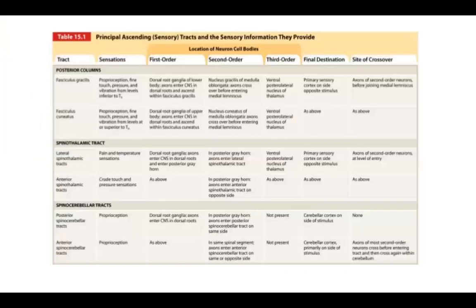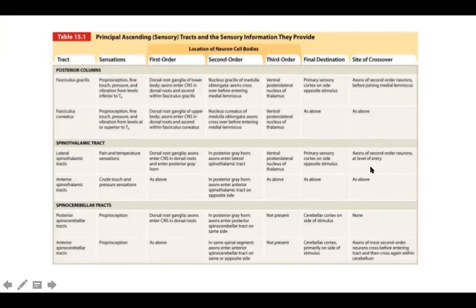Okay, whoa, that's blurry. So I updated one of the slides here because we were missing one of the tracks from the other slideshow that you had. I couldn't get it clearer than this, but there's a chart in your book that's similar to this, table 15.1, that has all the sensory tracks, and it shows you what it senses, the first, second, and third order neurons, where those are, and where they go, the final destination, and when they cross over.